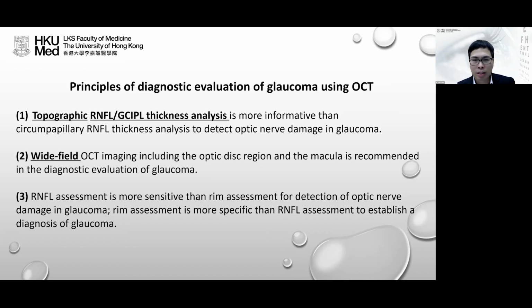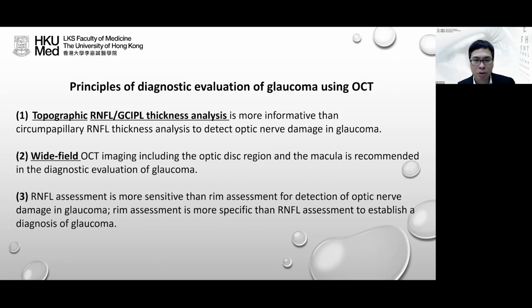I'm sure a lot of us tend to rely on the TSNIT plots or the clock hours or quadrant representation because it's easy. But I hope to encourage you to study more often the distribution of the retinal nerve fiber layer over the map, because we don't need to limit ourselves to the circle scan.